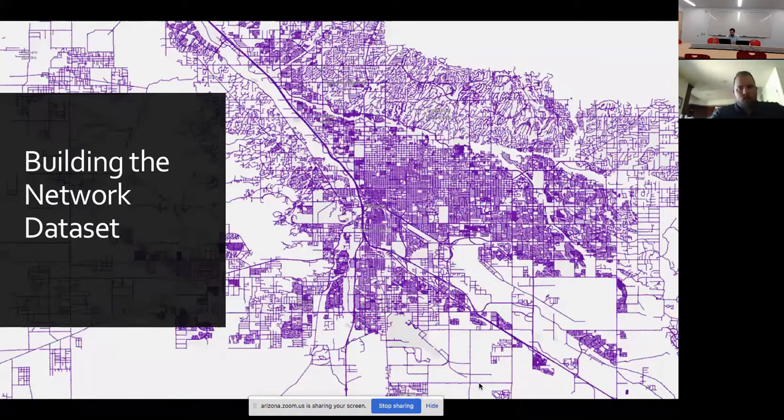A network is a system of interconnected elements such as edges, lines, junctions, or points that represent possible routes from one location to another. So this transportation network includes streets and pedestrian paths, and it does not include railroad networks, but a lot of times it does.